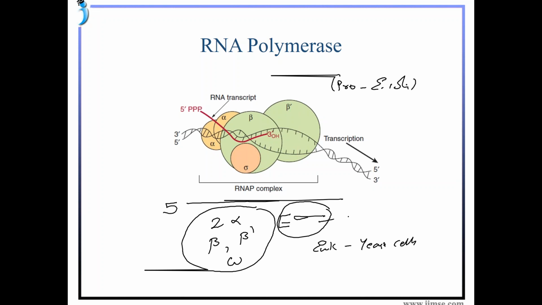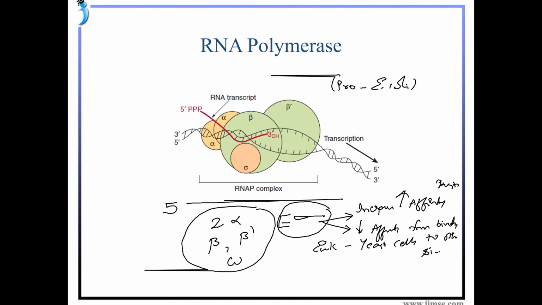The sigma factor has 2 functions. One, it increases the affinity of binding of RNA polymerase to a particular site, and it decreases the affinity for binding to other sites.